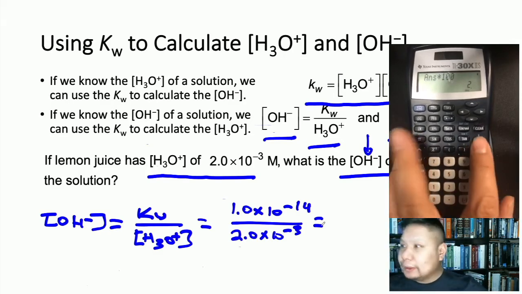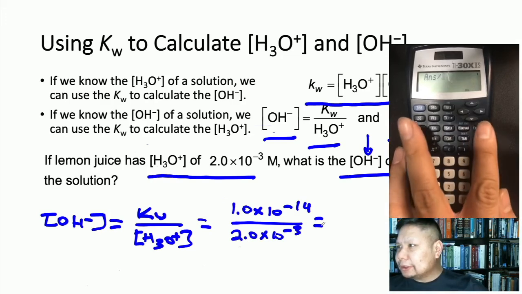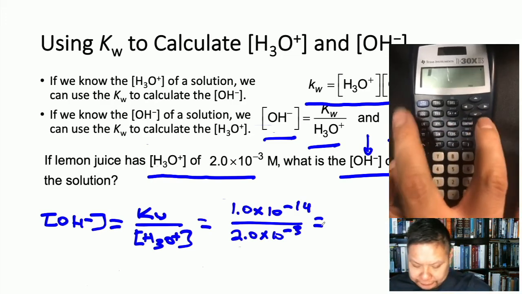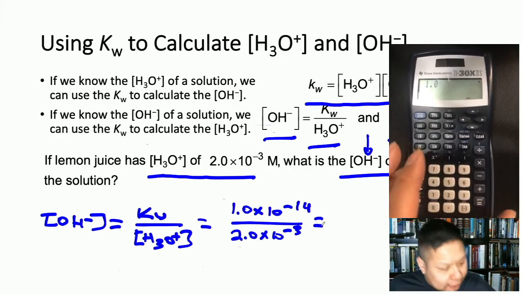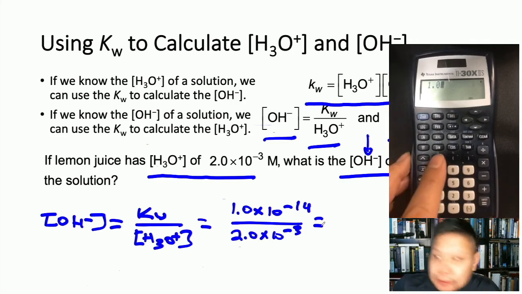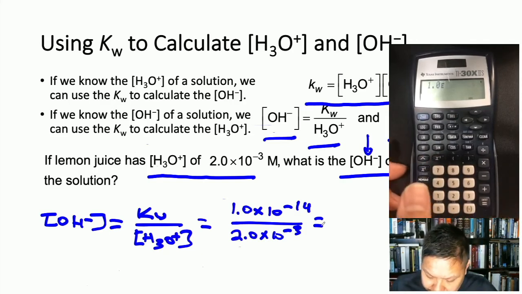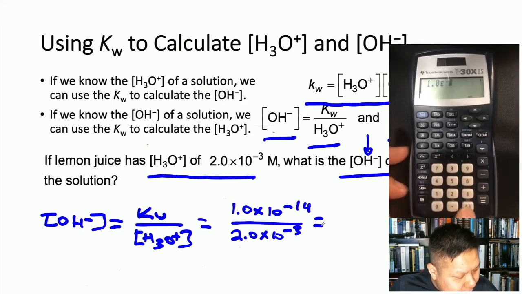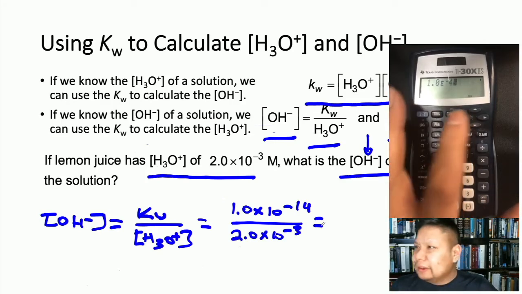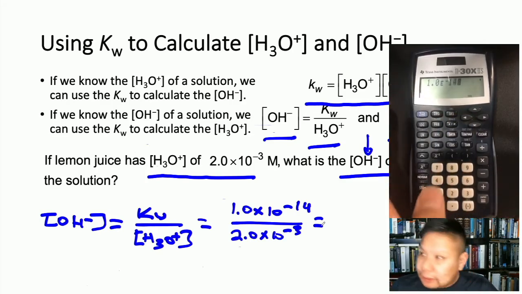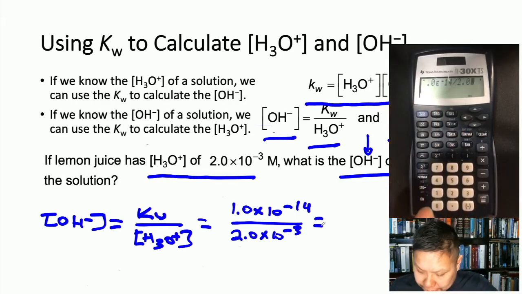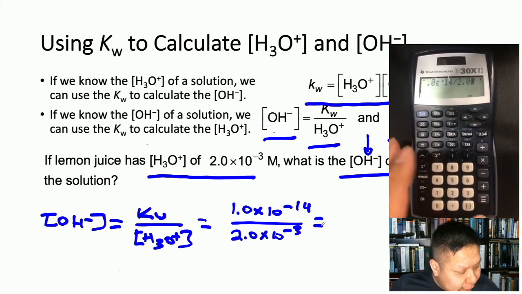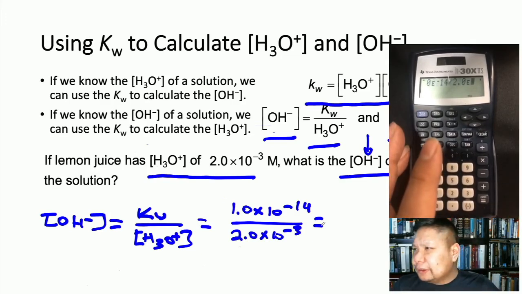Here we go. Clear. There we go. Clear. Okay. So I have 1.0 E, so second E, to the negative 14. Divided by 2.0 E to the negative 3.